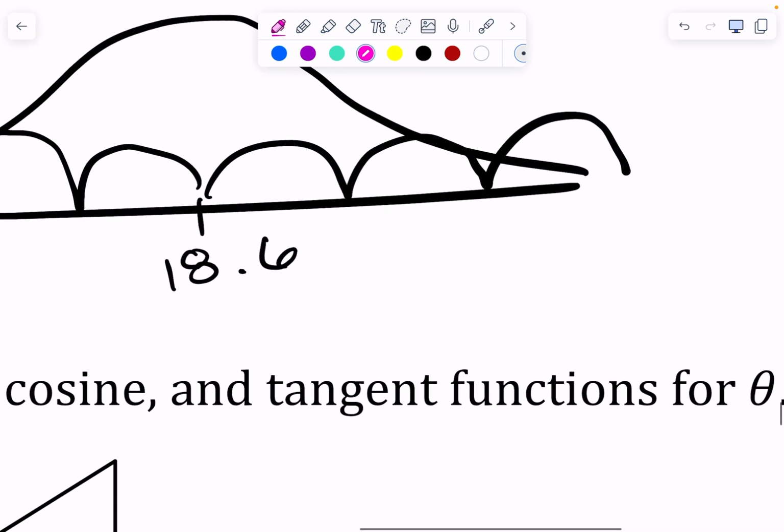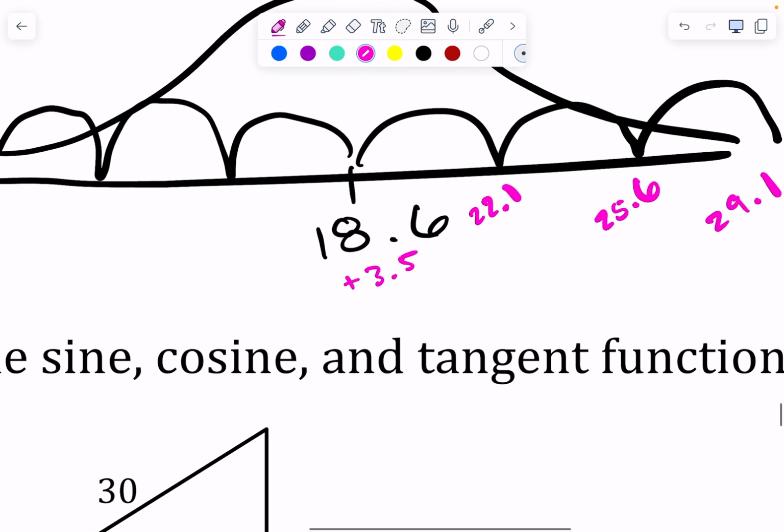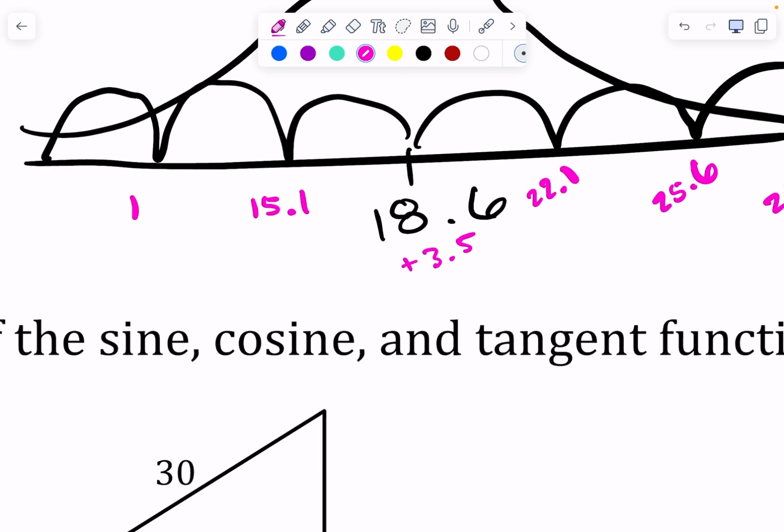Okay, let's fill in our 3.5. If I add 3.5 each time, this next cutoff mark would be 22.1, then 25.6, then 29.1. If I subtract, I get 15.1. If I subtract, I get 11.6.